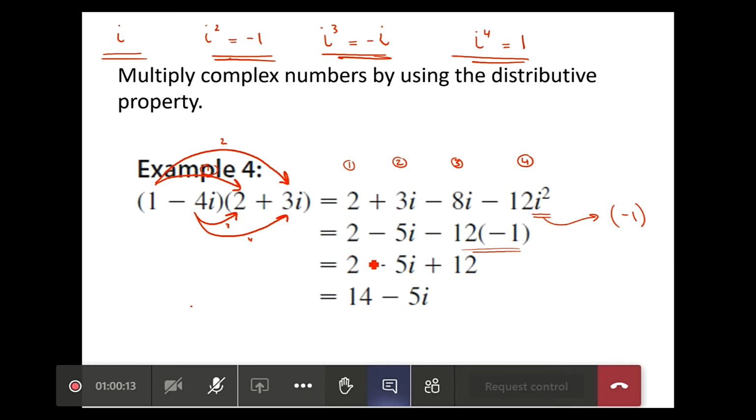Now we have 2 and positive 3 minus 8i, or negative 5i. Multiply negative 12 with negative 1, we have positive 12. Now add 12 with 2, we have 14 minus 5i. Okay, any question?